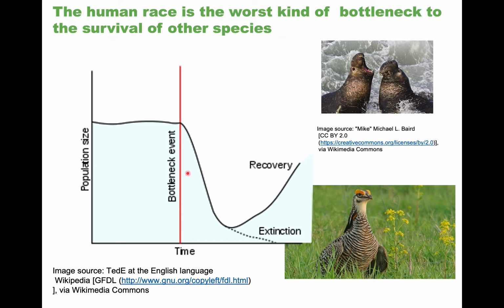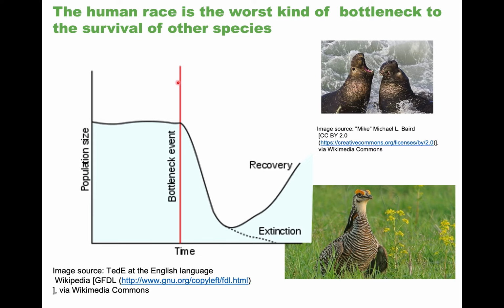One of the examples is the way we've been hunting the population of seals. If this red line shows human beings starting to slaughter and hunt these seals, you can see that before these slaughtering events, the population size of seals was pretty stable.